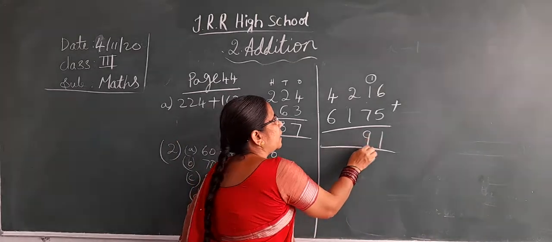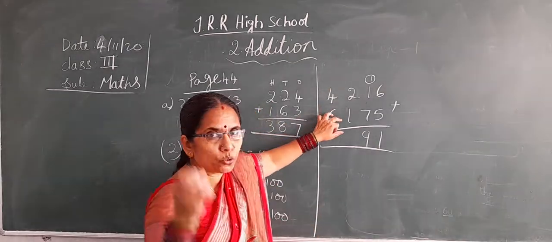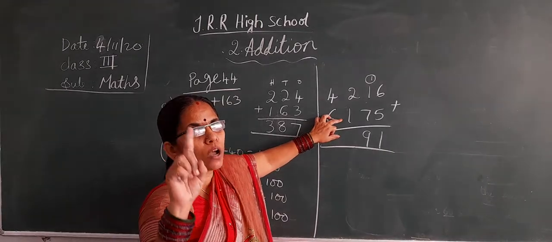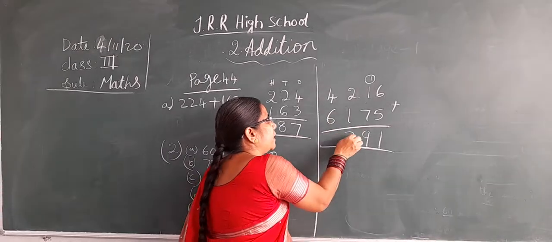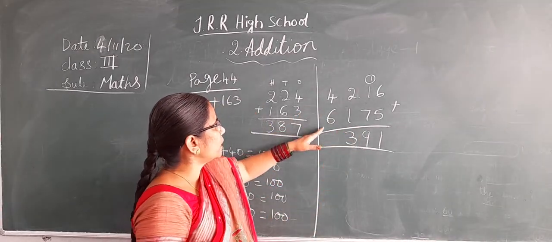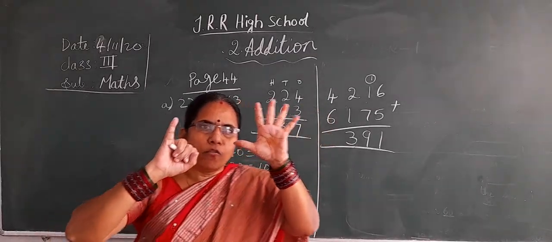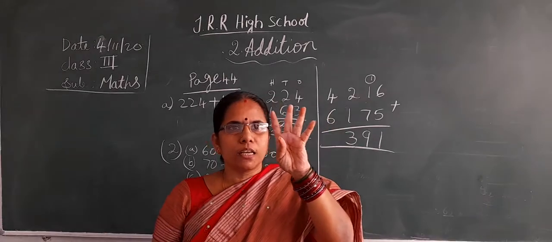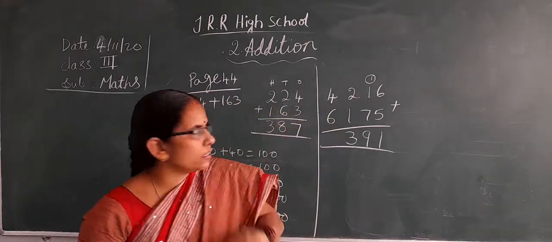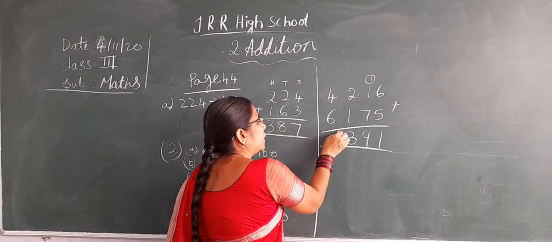Write 9 here and add the hundreds: 2 in the mind, 1 on the finger, 2 after, 3. Write that. And then add the thousands place, 4 and 6: 4 in the mind, 6 on the fingers, 4 after, 5, 6, 7, 8, 9, 10. The last answer goes right here only.